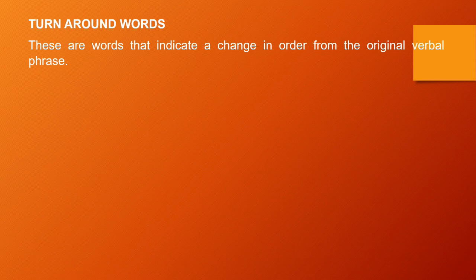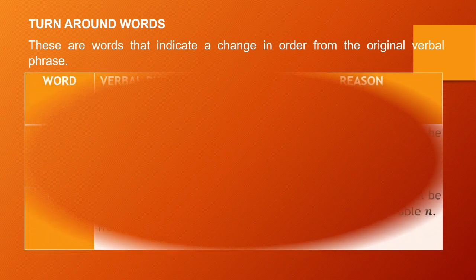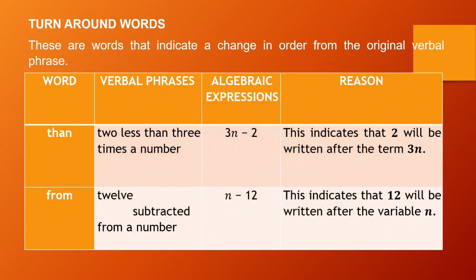And then from, the word from. 12 subtracted from a number. That is an example of verbal phrase. And in algebraic expression, we can translate that as n minus 12 for the reason that this indicates that 12 will be written after the variable n.